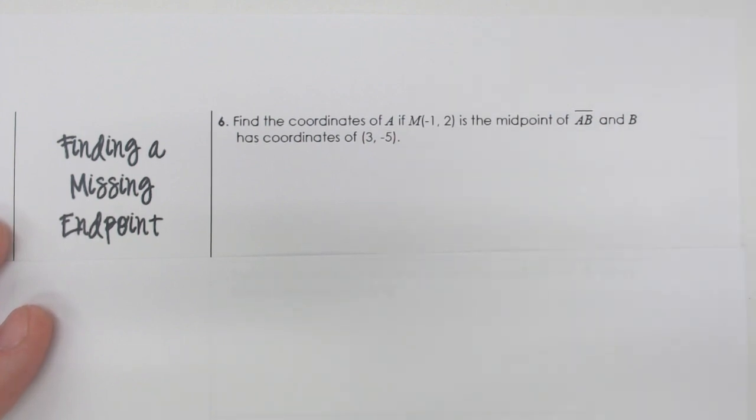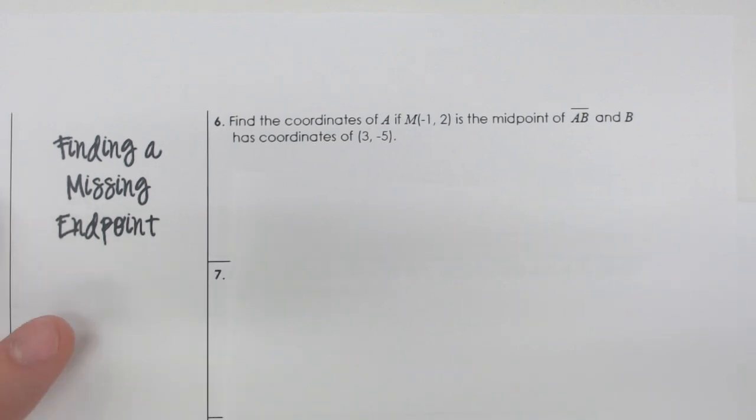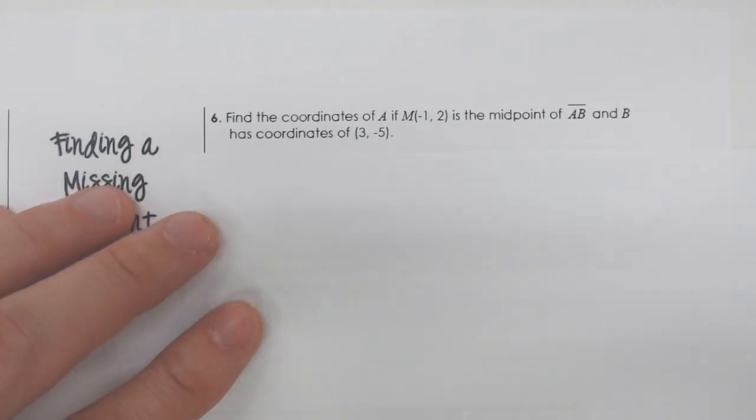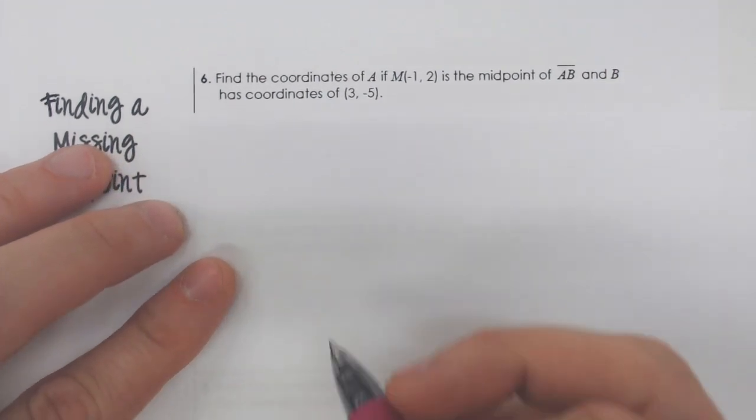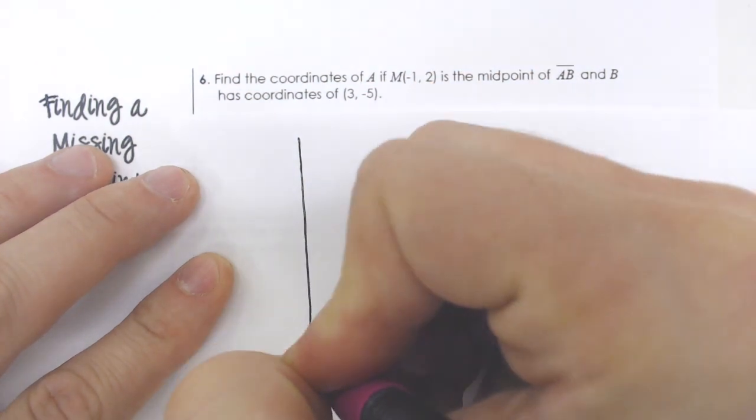So what that means is that we are given our midpoint already. And if we are given our midpoint already and we want to find the other endpoint, we just have to think of ourselves as we are halfway there. Let's go the rest of the distance, okay? So if you have to find that, then what I would highly recommend doing is drawing a graph.